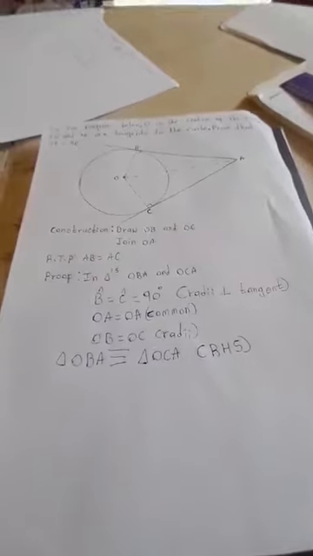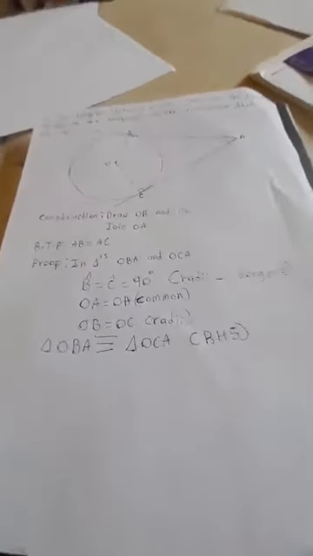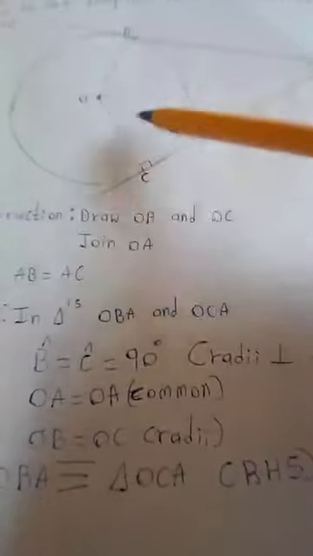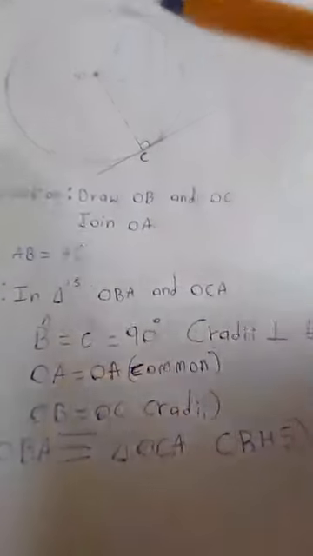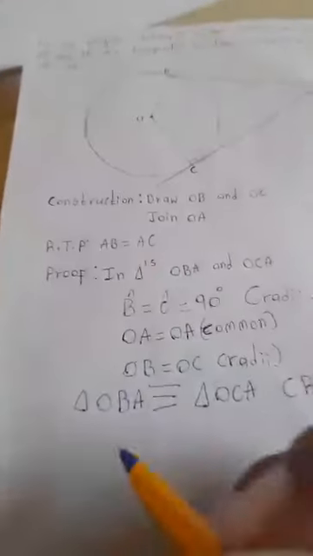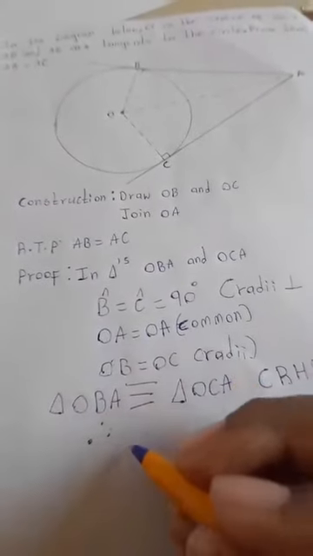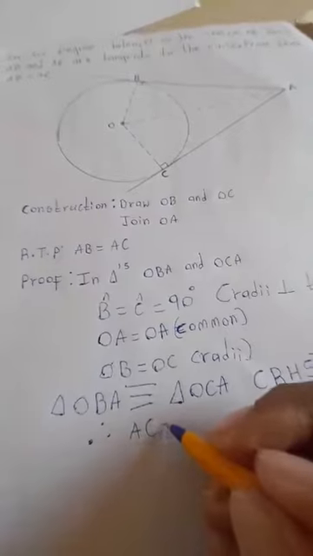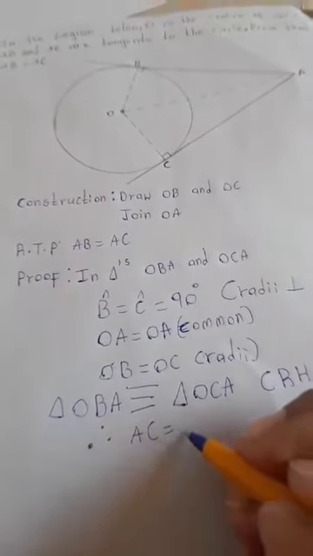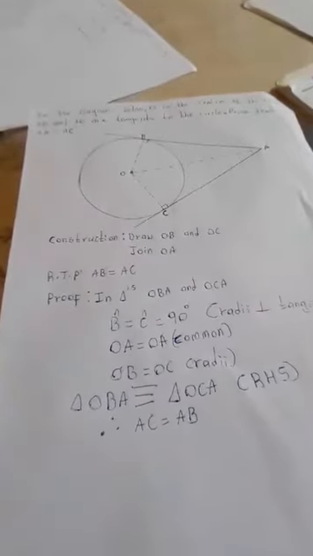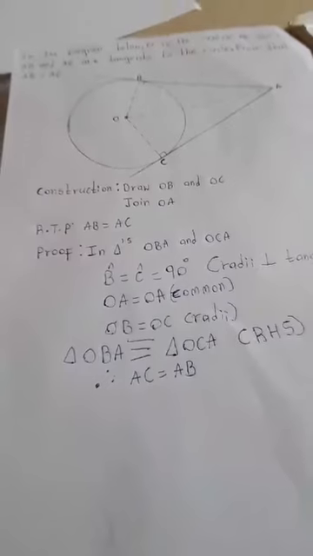So either say 90 degrees HS or RHS, it is the same thing. So we have a right angle, a 90 degree angle, in both triangles. We have equal radii in both triangles. Therefore these two lengths are equal. Therefore AC is equal to AB, or AB is equal to AC. Doesn't matter how you put it, but yeah, we proved this theorem.